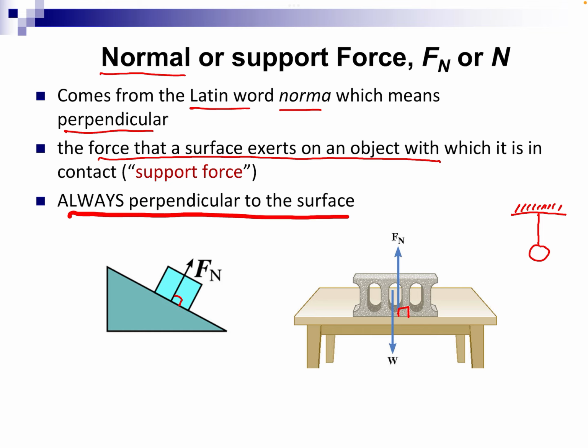But the real key for identifying the support force is that there should be a physical surface that's literally in contact with the object. And this physical surface in contact with the object is the one that's supporting the object. So in this case, the object is supported by the string, but the string is sort of pulling the object upwards.